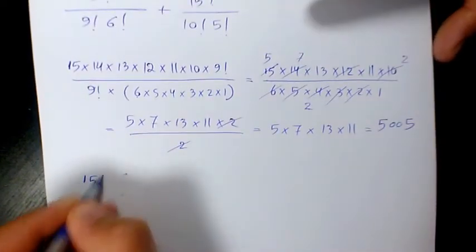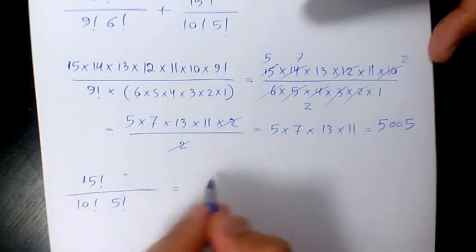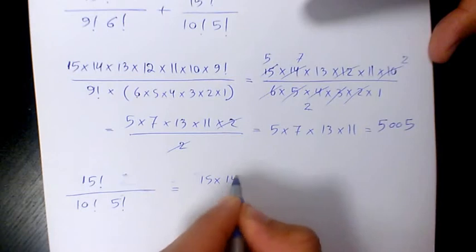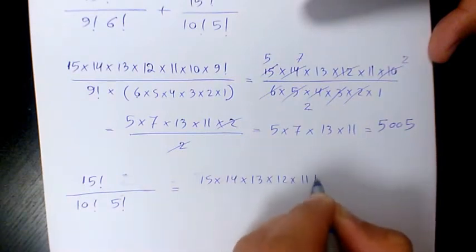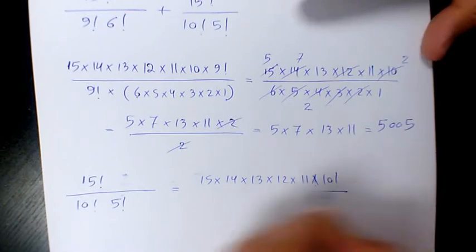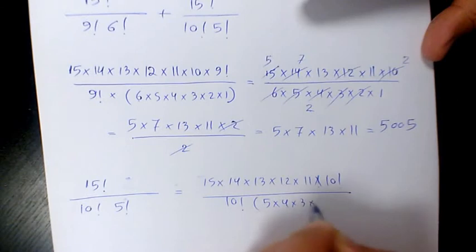Now the second fraction is going to be 15! over 10! times 5!. That's going to be 15 times 14 times 13 times 12 times 11 times 10! over 10! times 5 times 4 times 3 times 2 times 1. These two cancel out.